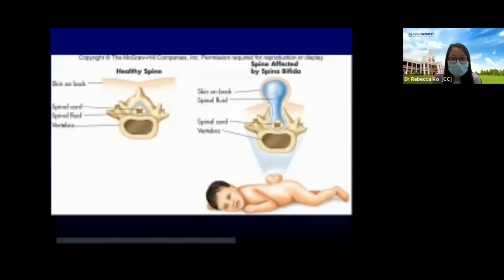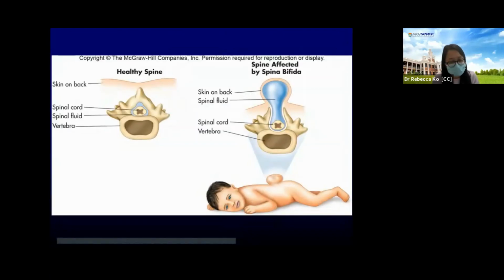For pregnant women, they should have extra, enough intake of folic acid. Otherwise, the baby will have problems of the spine, affected by spina bifida. What's that? You see at the back.